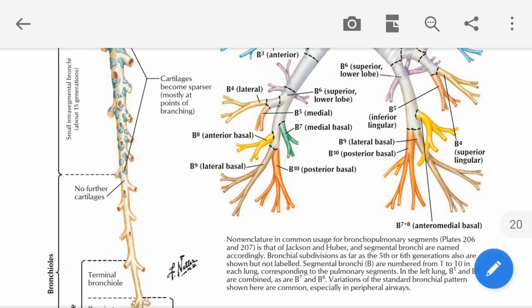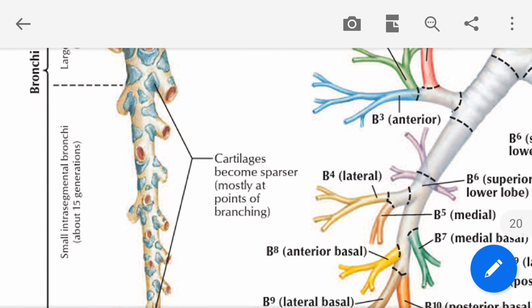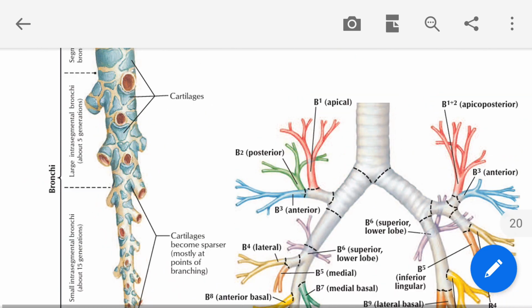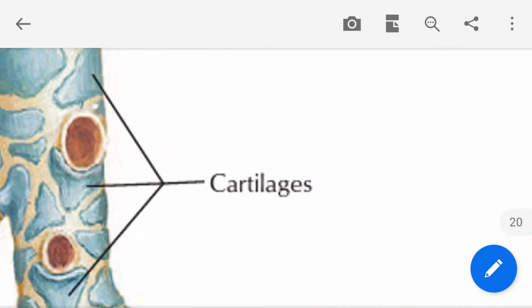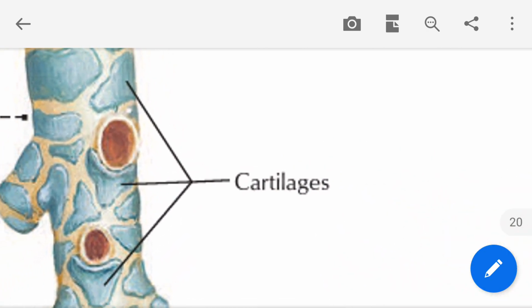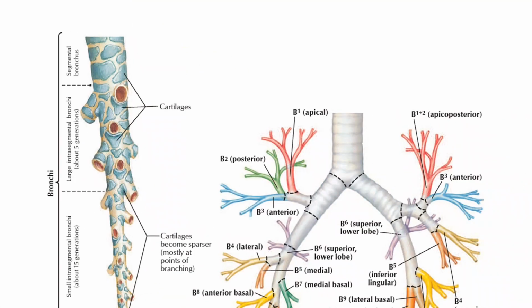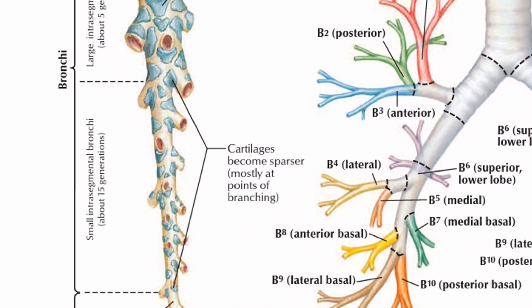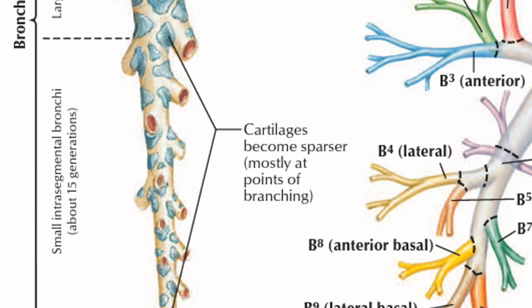Okay, so here you see what is happening, the cartilages become sparse. Here you are fine, the cartilage plates are present, but they are becoming very thin.